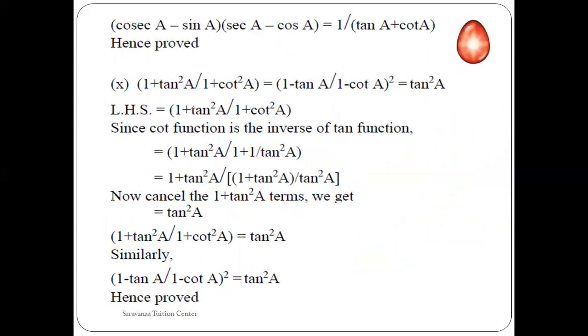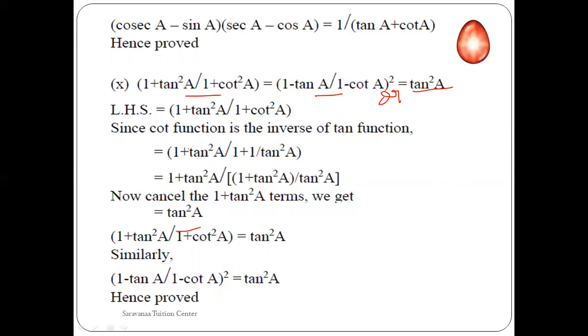Last question. (1 + tan²A) by (1 + cot²A) = ((1 - tan A) by (1 - cot A))² = tan²A. You need to prove this equals this or this, anything. So first we will prove for tan²A.